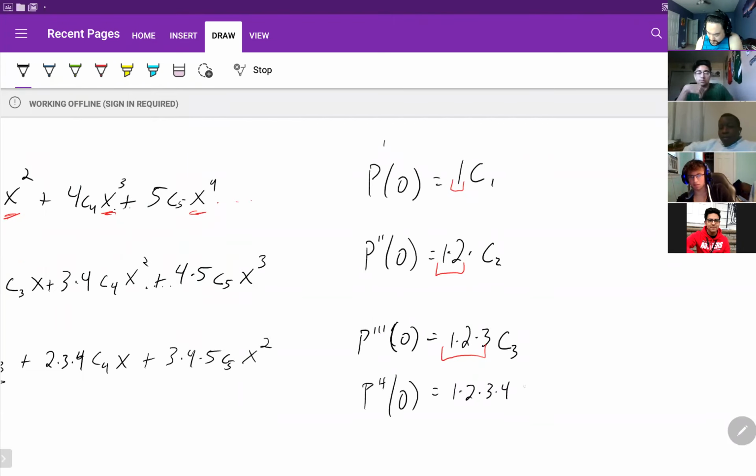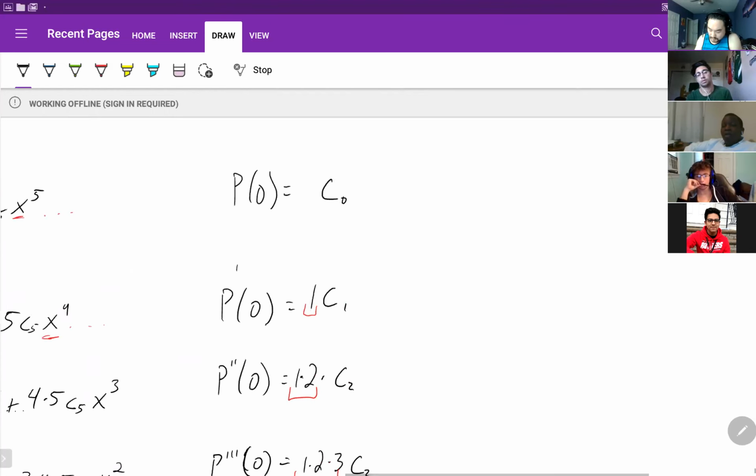So how do I represent that? Factorial. Guys, there's a factorial happening here, and I never forgot to say this: 0 factorial is actually 1.